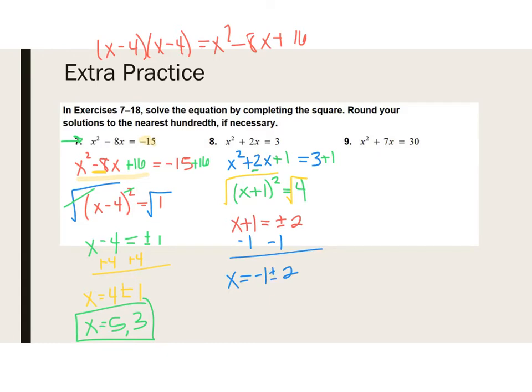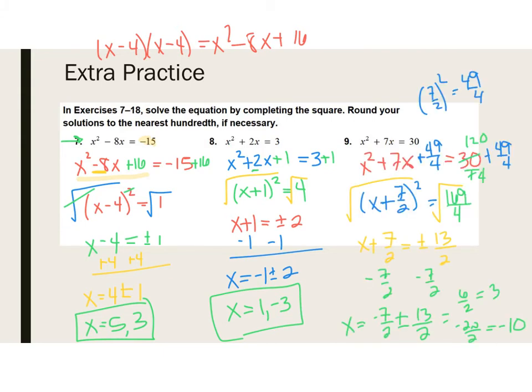All right, then you're going to do your two cases. What's negative 1 plus 2? Positive 1. And negative 1 minus 2 is negative 3. And again, if you want to check, you should be able to put those back into the original problem and see that they work. So I want you to try 9 before we move on to the next step.